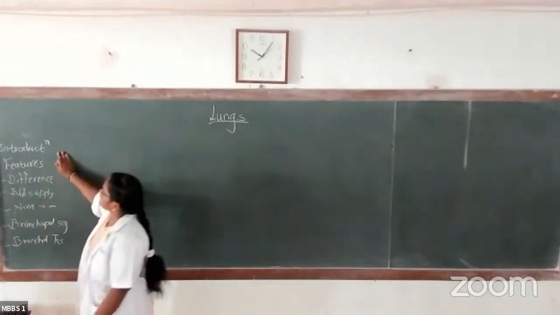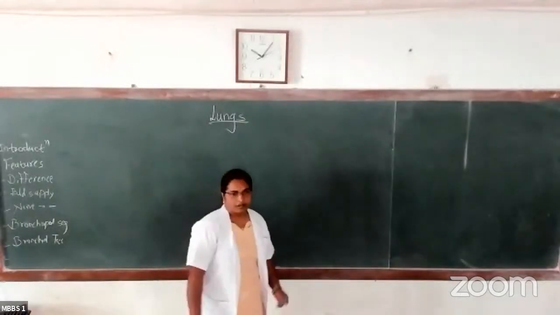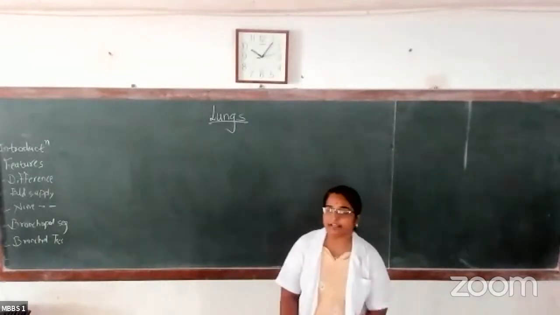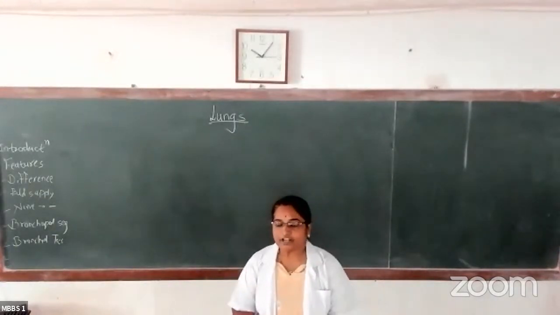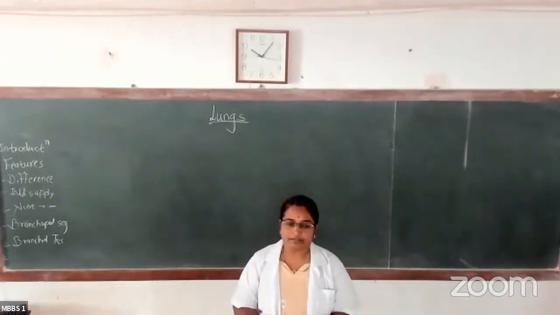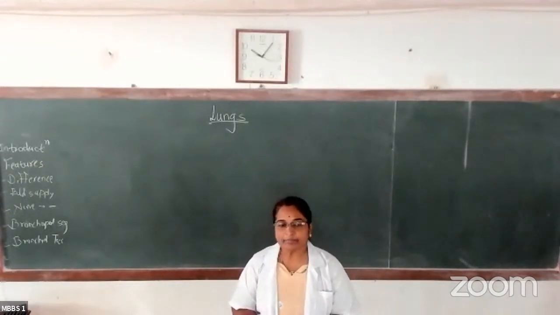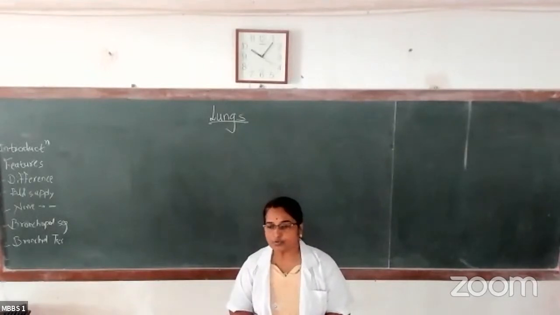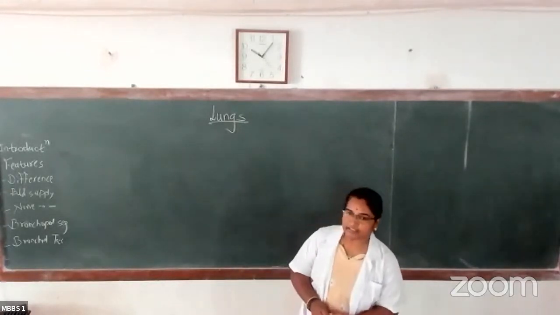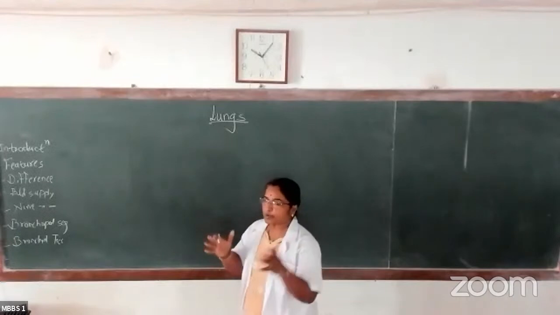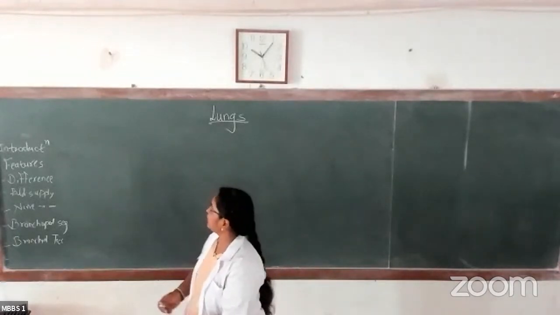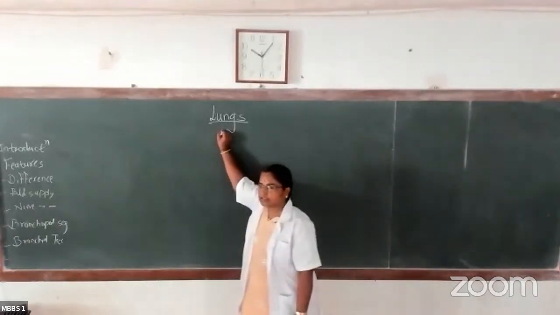So, first we see the lungs. Now, the introduction. What are the lungs? The lungs are a pair of respiratory organs which are situated in the thoracic cavity. Major portion of the thoracic cavity is occupied by the lungs.